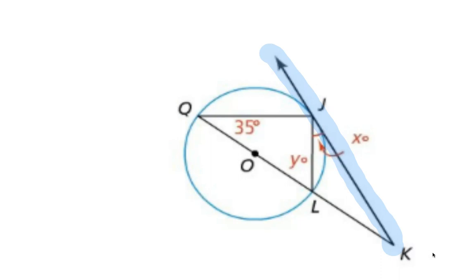So what we can see here, the thing that jumps out at me first, is we have a diameter, which means that's 90 degrees.